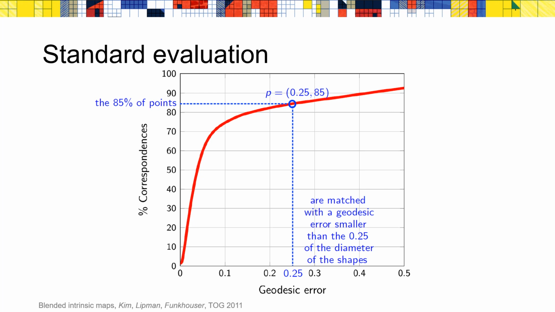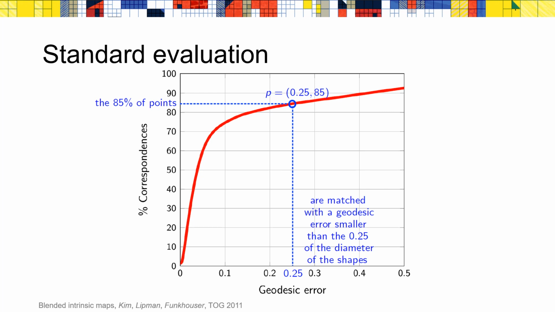So a point in this curve, for example this point P, encodes the percentage of correspondences that have an error that is equal or smaller than the value on the x-axis.